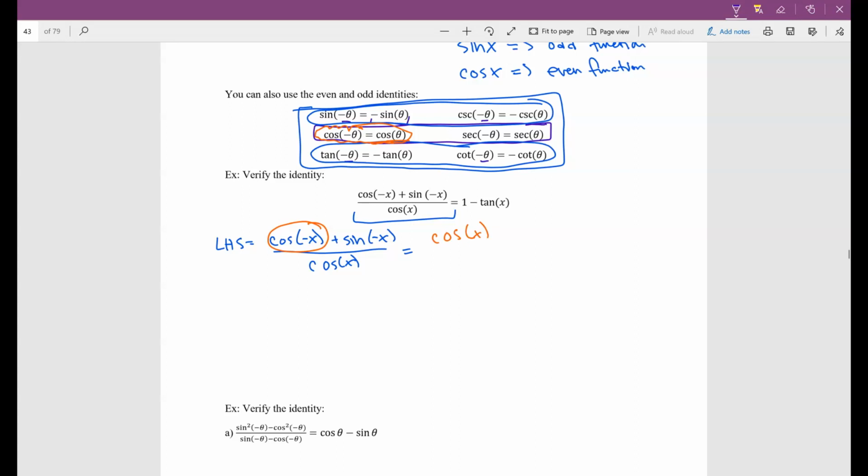Then plus sine of negative x. Well, sine of negative x, the negative is going to be on the outside. So it's going to be negative sine of x. All I'm doing is using the even and odd identities.